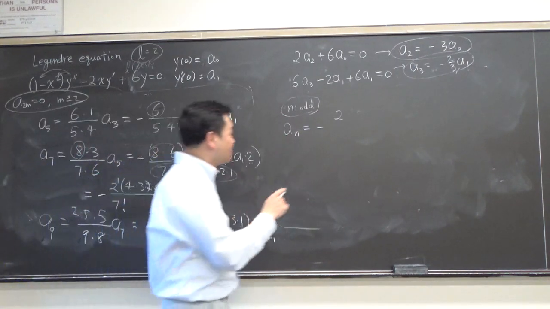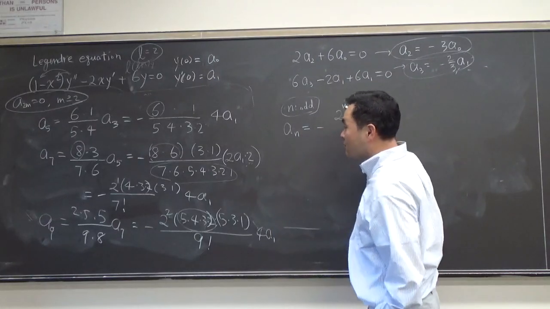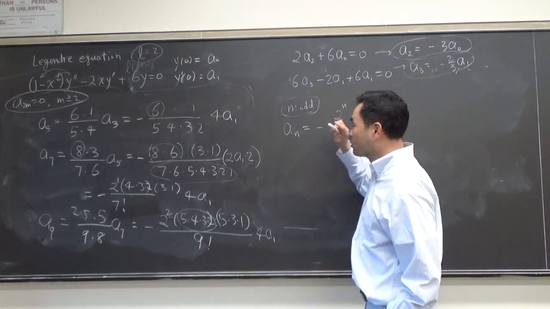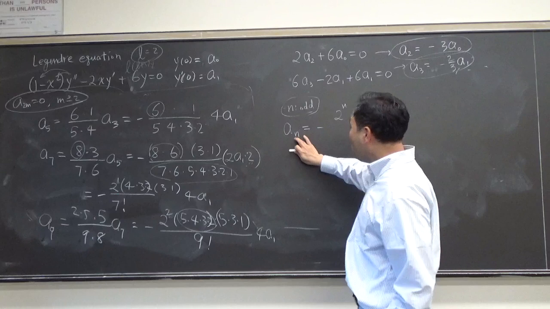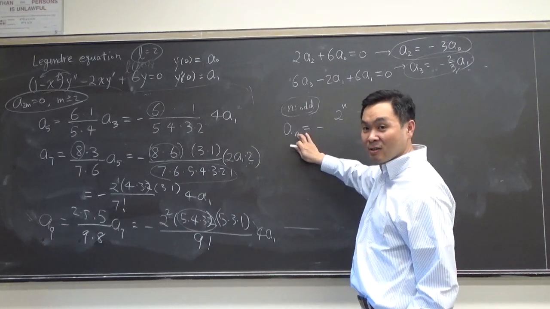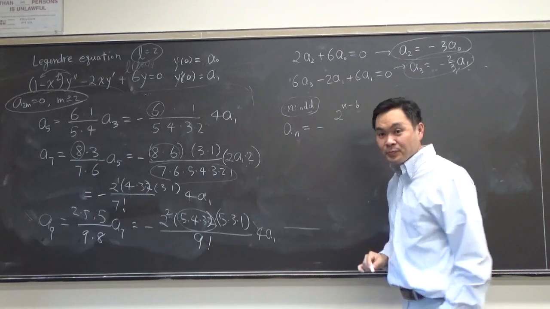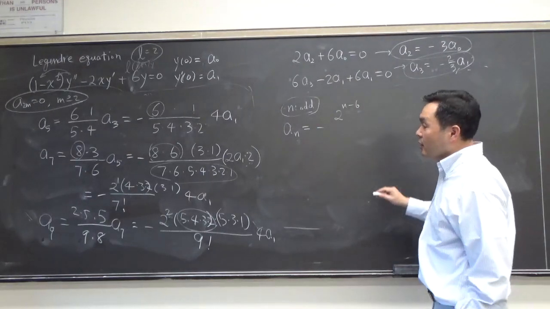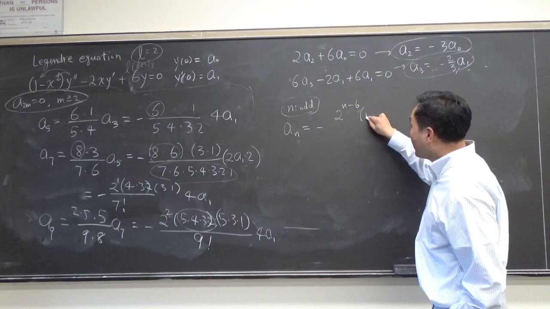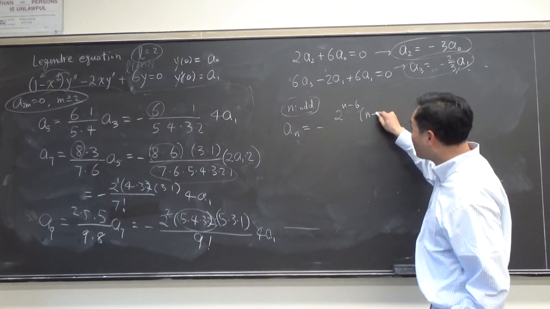N minus 6. Is it? No, I think it's not. Sorry, I'm calling this n, so it's okay. If this is n, the relation is 2 to the n minus 6. Okay? And then you have n minus, I think it's 4 factorial.